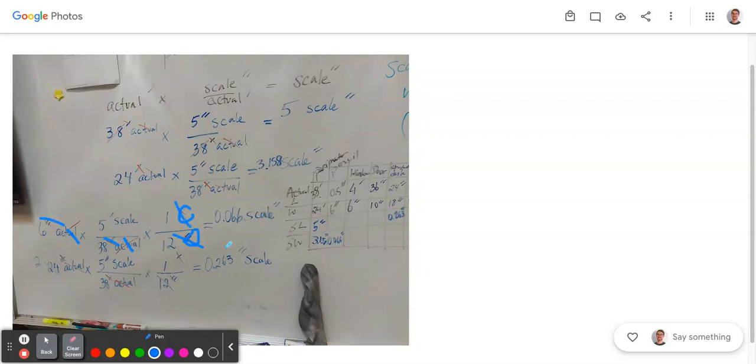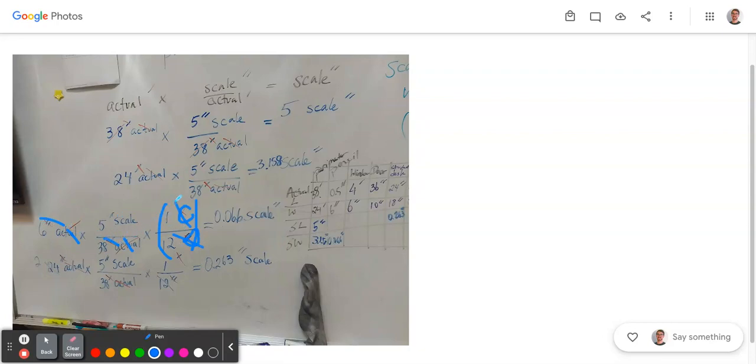But does 1 foot equal 1 inch? No. 1 foot equals 12 inches. That is the correct scale factor. 1 foot equals 12 inches. And so that's what we wrote for our scale factor that we're multiplying all this by. Now inches can be canceled on the top and bottom.